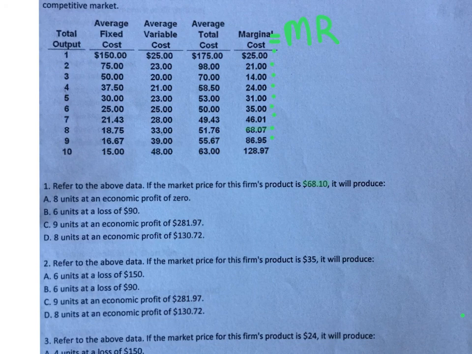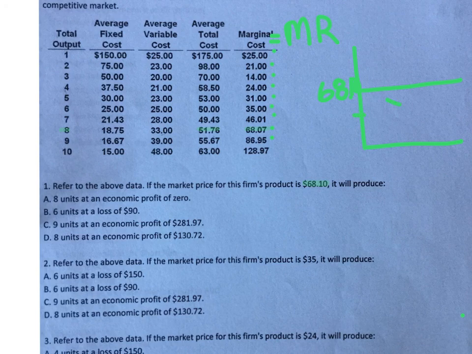Now, what that tells us is that at that level, we're producing 8 units, and we've got an average total cost of $51.76, and we're bringing in $68.10 per unit in price. So what that means is if you just think about it on a graph, if my price is here, this is 68.10, and my average total cost is 51.76, that would be below.